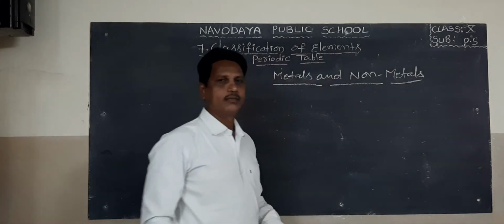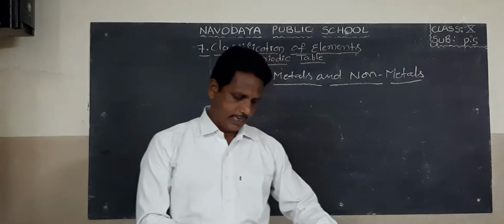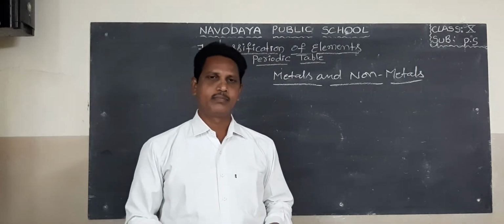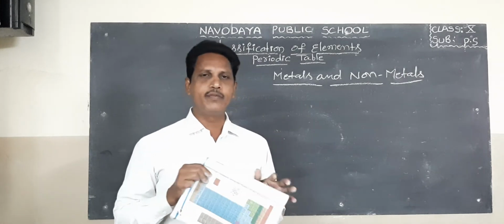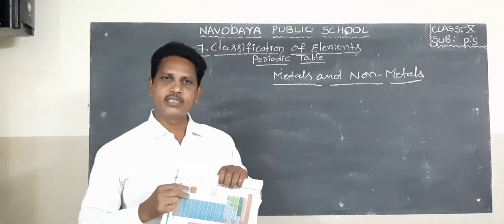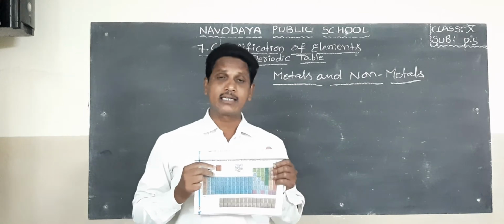Metals and non-metals. All of you students, take your textbooks, page number 137. This is the modern periodic table, the long form of the periodic table. We know the definition: the physical and chemical properties of elements are periodic functions of their electronic configuration.